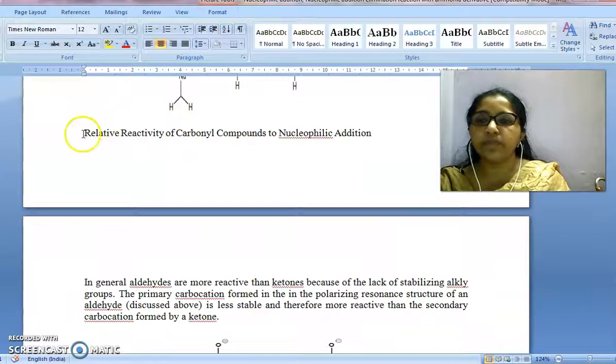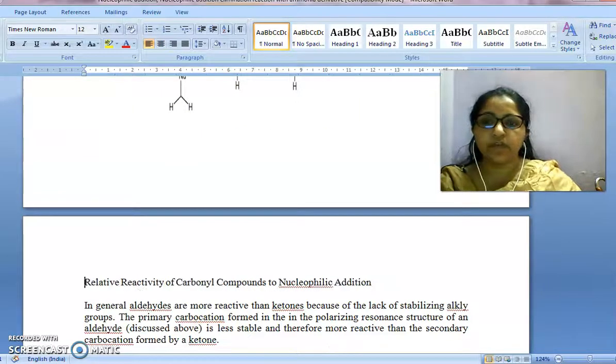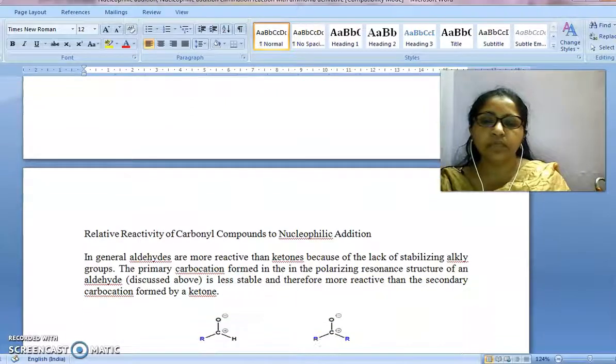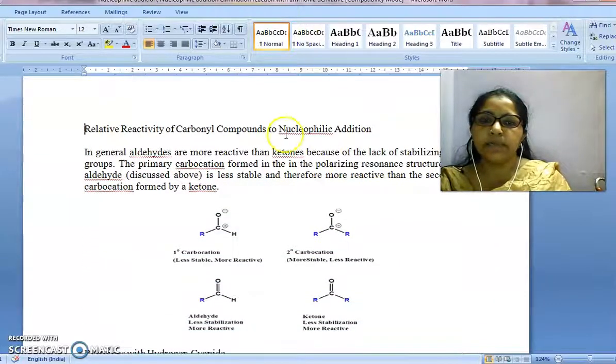Apart from that, if you study the relative reactivity of carbonyl compounds, what you will see here is the carbonyl compound which is having lesser number of plus I effect groups will be less stable and accordingly more reactive. Means the nucleophile which will come and attack the carbon, the positive charge will be more strong or focused, pinpointed.